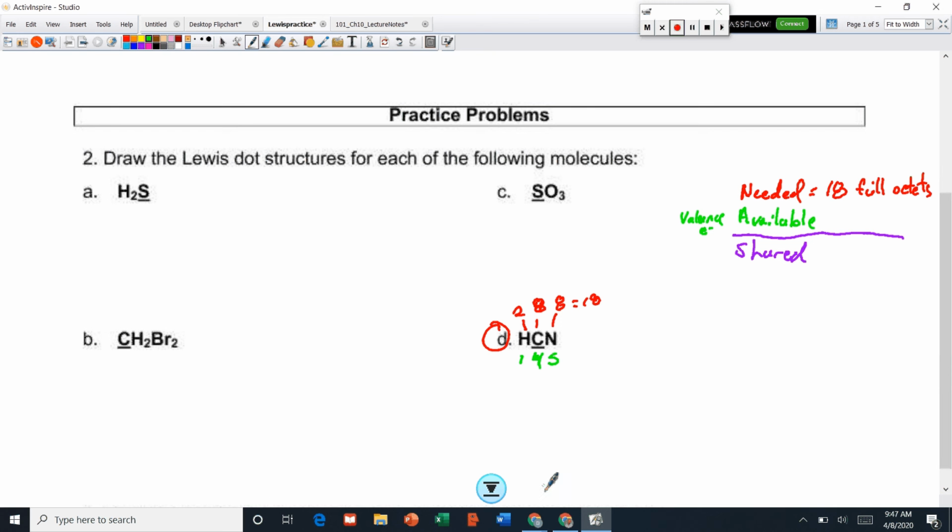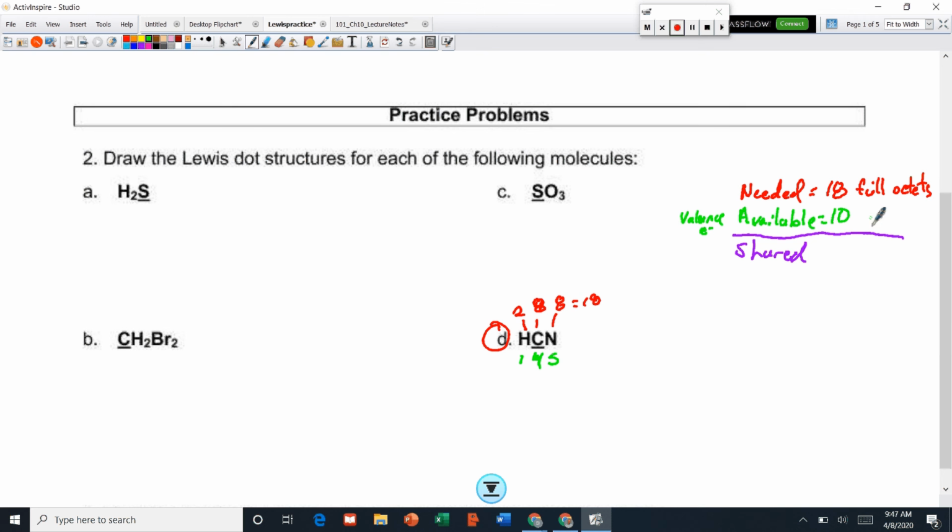Remember, those numbers are coming from the columns that they're in the periodic table. Just the easy way to remember valence electrons. So hydrogen's in column 1A, 1 electron. Carbon's in column 4A, 4 electrons. Nitrogen's in column 5A, 5 electrons. So 1 plus 4 is 5, 5 plus 5 is 10. So we have 10 electrons available.